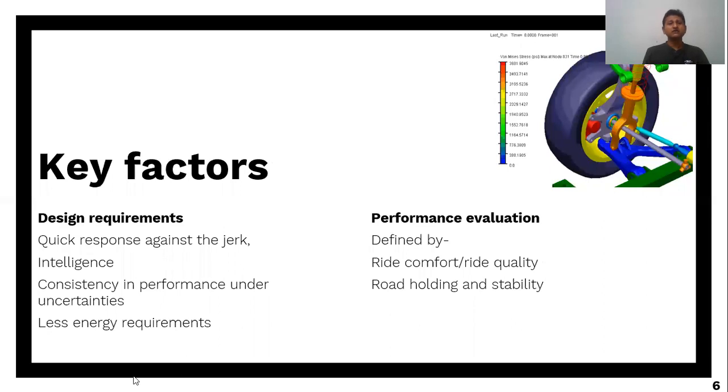These are the main or key factors of this case study: the quick response against the jerk, which is very important for a suspension system; the intelligence; and consistency in the performance under uncertainties. This is also a very important part, that if our design is not consistent, if the performance is not consistent when the operating conditions change, then it will be harmful to the passengers or occupants of the vehicle itself.